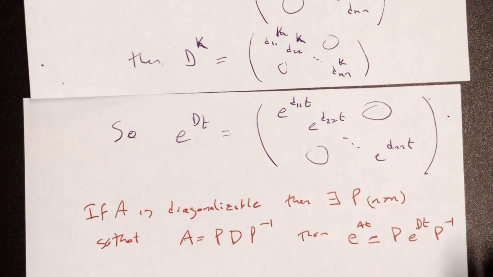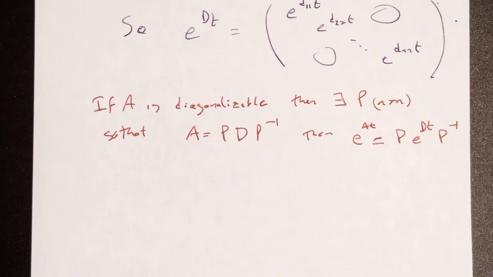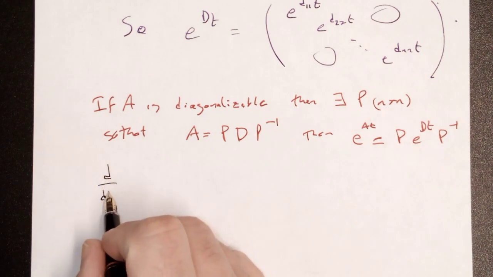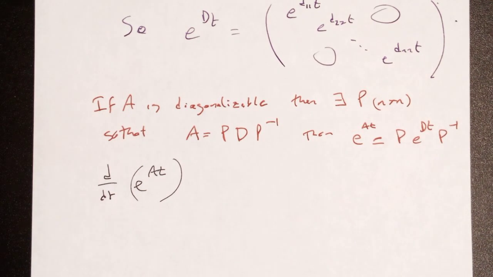Okay. What does this mean in terms of dealing with a differential equation? Well, it turns out that if I take the derivative with respect to t of e to the at, that behaves just like I want it to.